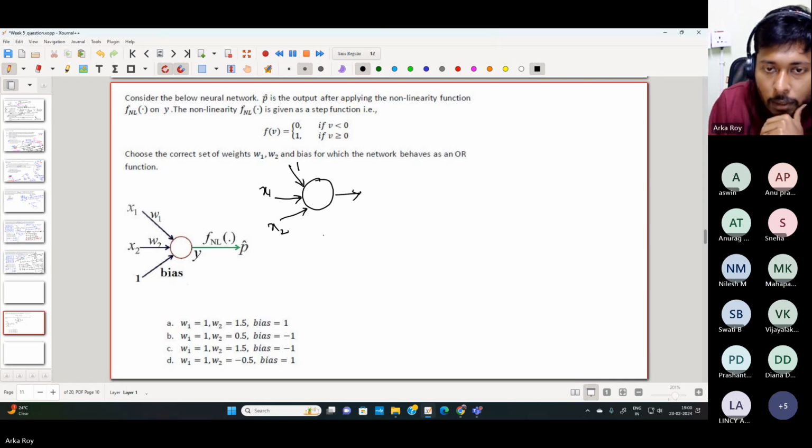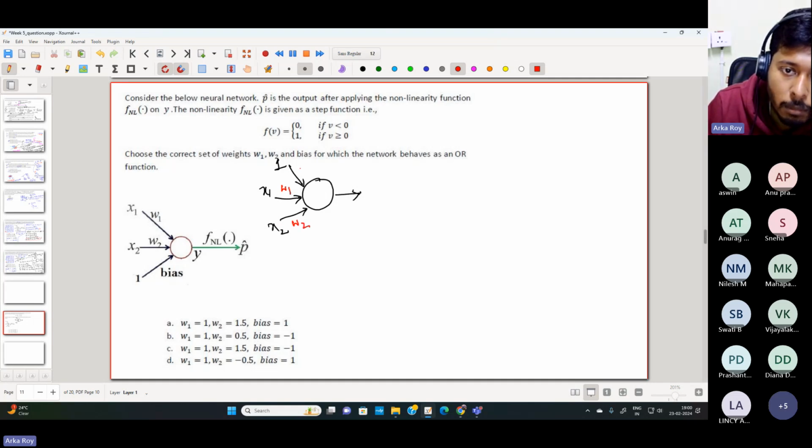Yes, sir. So for this particular case, you need to rearrange all the things. For example, for x1, the associated weight will be W1. For x2, the associated weight will be W2.